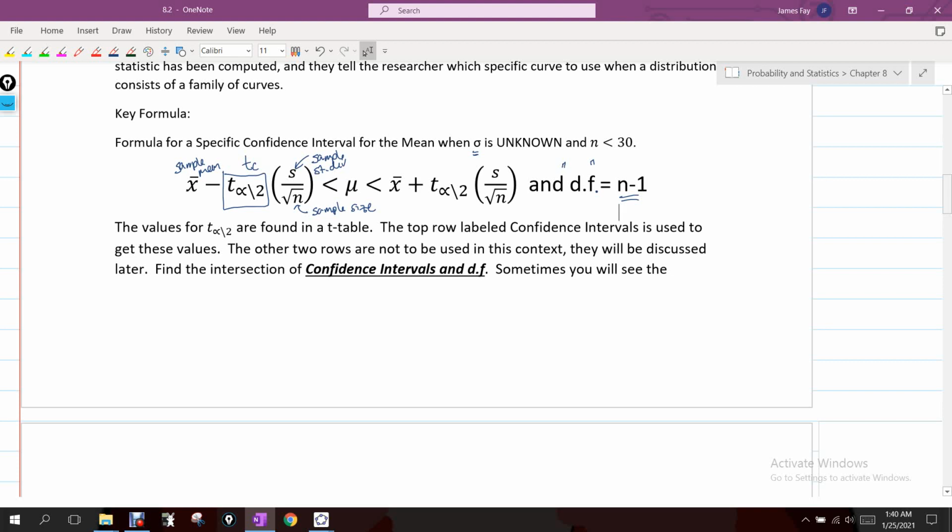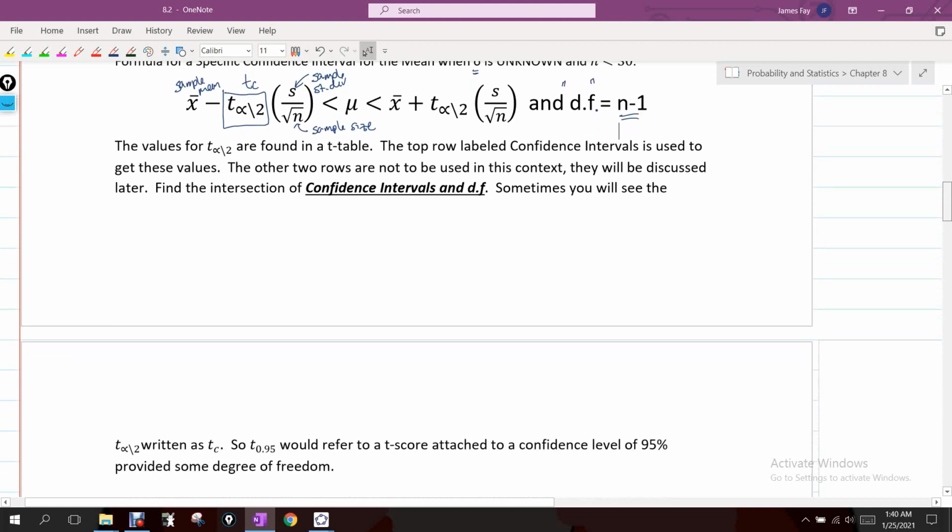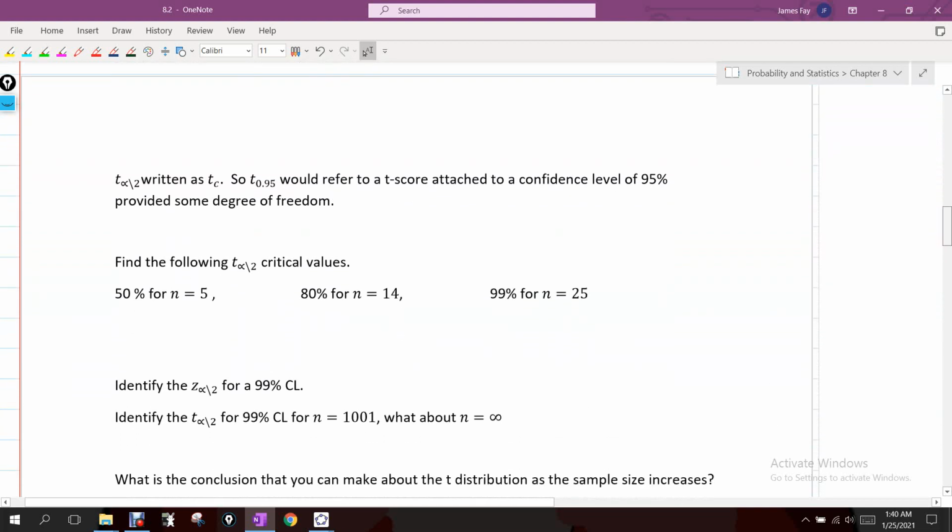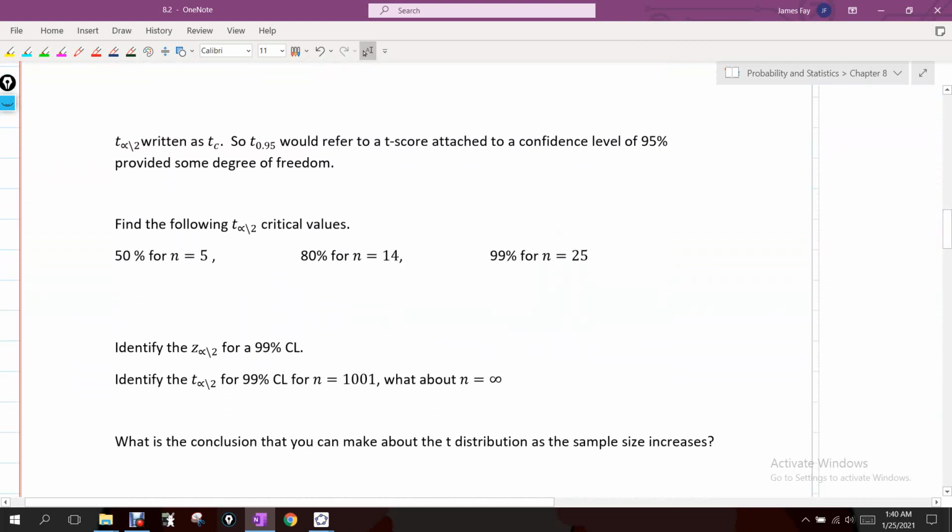The t-distribution and the t table that we're going to use will be used again in hypothesis testing, and that's when we'll talk about these other two rows. But for right now, just finding the confidence intervals, we're going to use the top row. Like I said, t sub alpha over 2 can sometimes be written as t sub c.